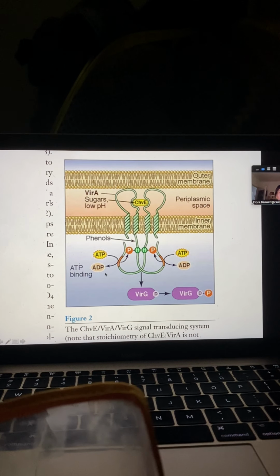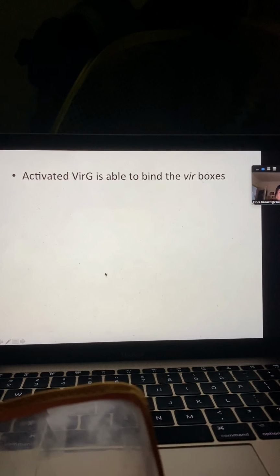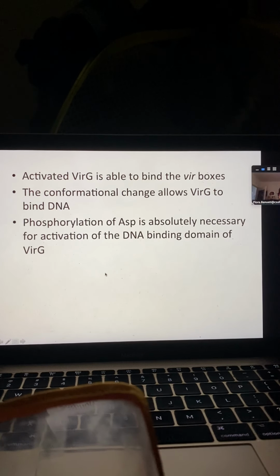So activated VRG is able to bind the VR boxes, and it is the conformational change that allows VRG to bind DNA. So phosphorylation of ASP is absolutely necessary for activation of the DNA binding domain of VRG.